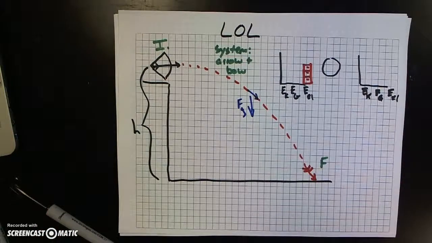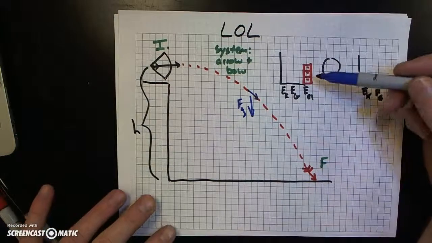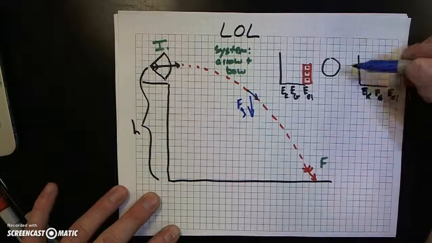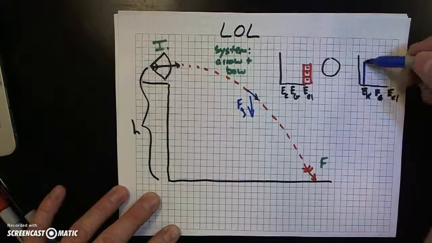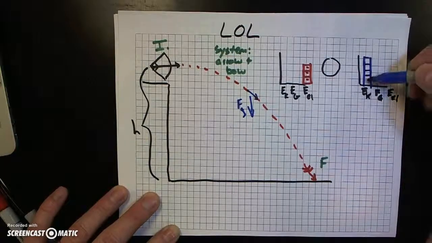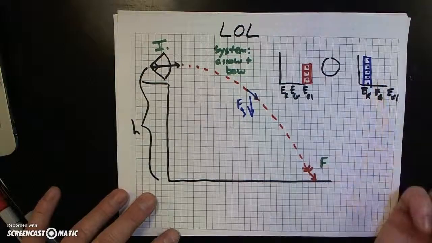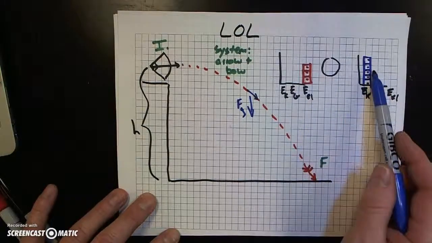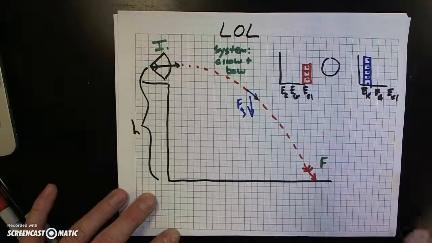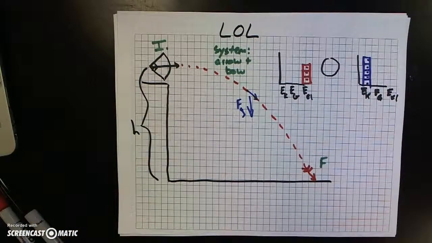So I'm going to end up with a higher amount of kinetic energy than I started with elastic. This was 3, I'm going to make it 5. So I'm going to give this a solid 5 blocks: 1, 2, 3, 4, 5. According to the law of conservation of energy, I actually have gained energy. How does that happen? It turns out that something outside the system caused the energy to go up.